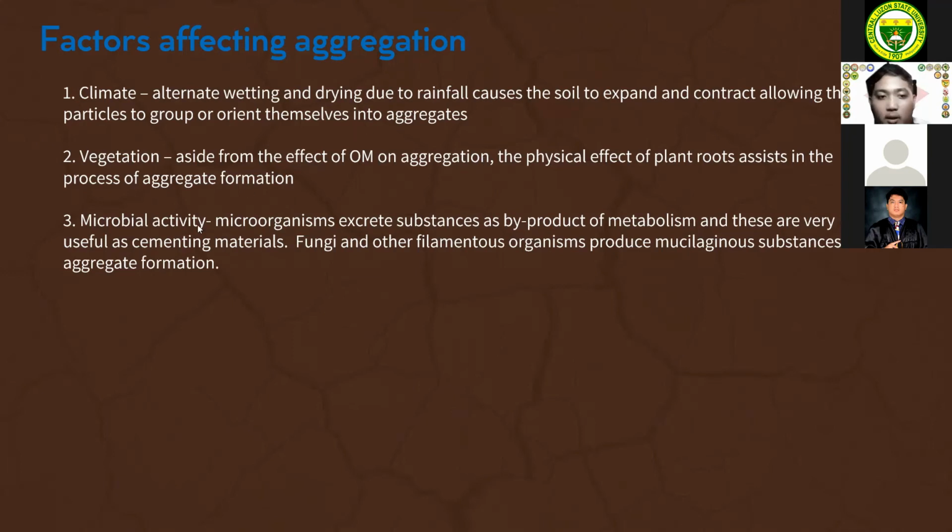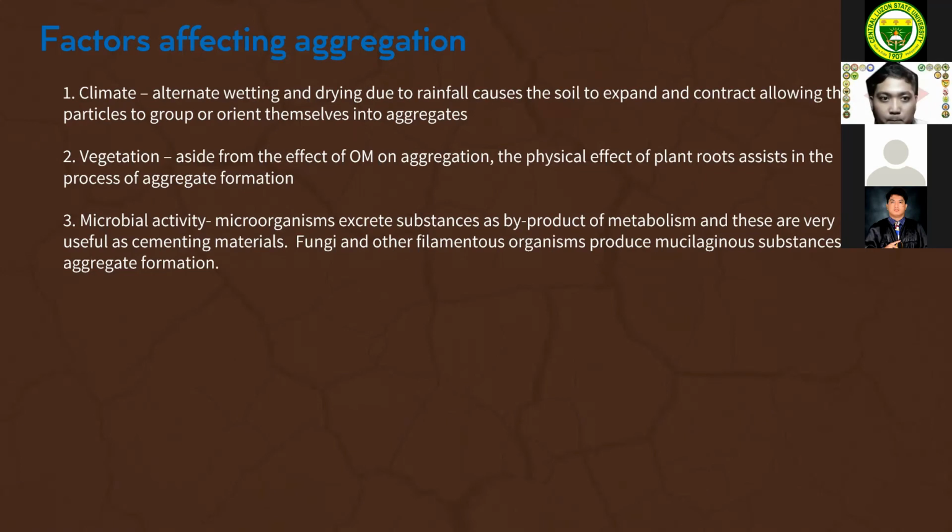Microorganisms excrete substances as byproducts of metabolism, and this is very useful as cementing materials. Fungi and other filamentous organisms produce mucilaginous substances for aggregate formation. So yung ating mga microorganism, they secrete specific substances that can contribute to the aggregation of the soil.